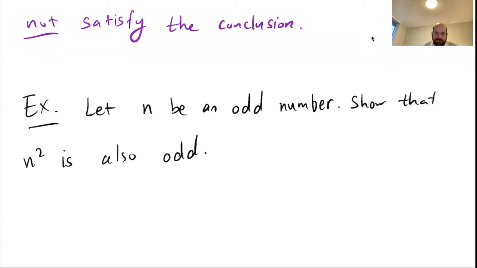Please remember again, each conditional statement has an assumption. How do we know what the assumption is? The assumption is the part that comes after the word if, or after the word let in this case. The assumption is that n is an odd number, and the conclusion is that n squared must also be odd.